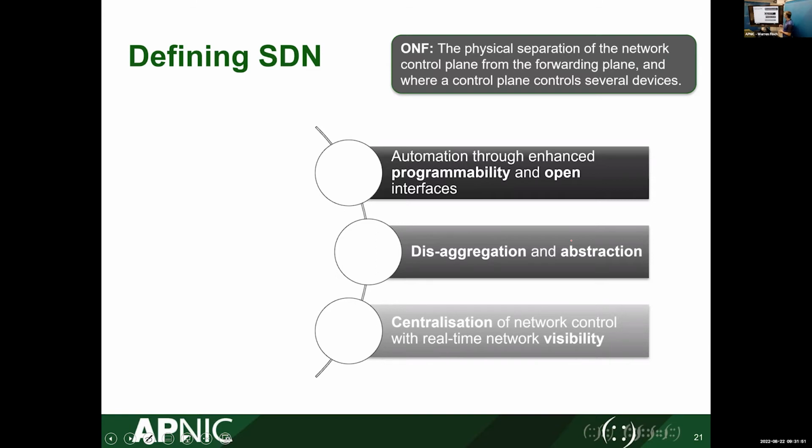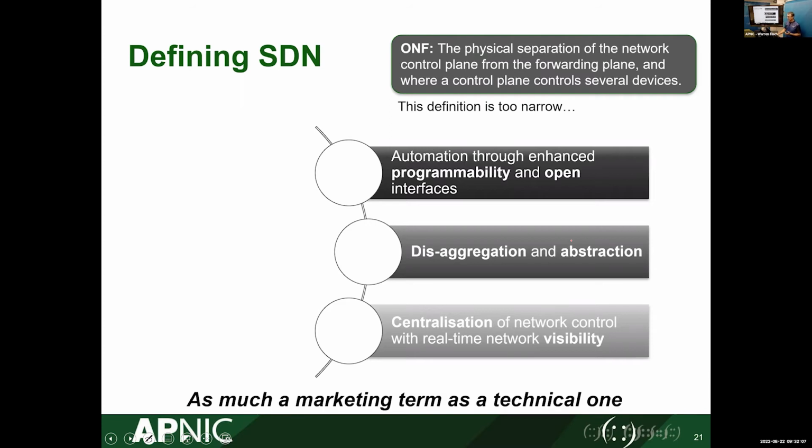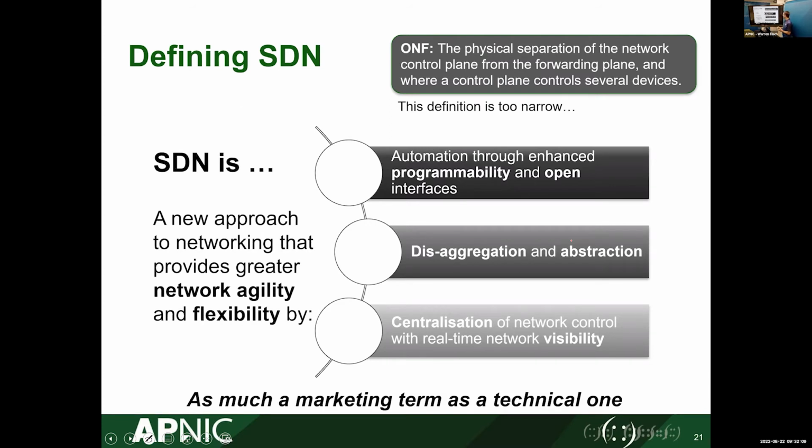They've defined it as a physical separation of our network control plane from the forwarding plane, where the control plane controls several devices at once. But from our point of view, we're just basically going to say that SDN is a new approach to networking that provides greater network agility and flexibility by these three steps.